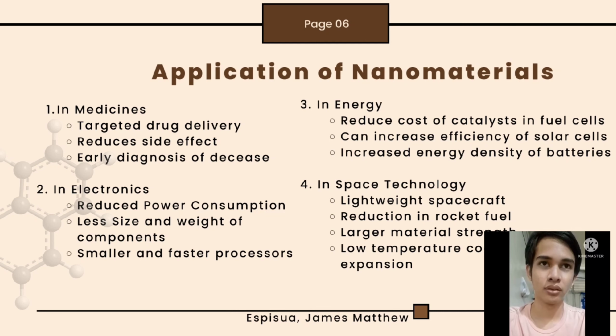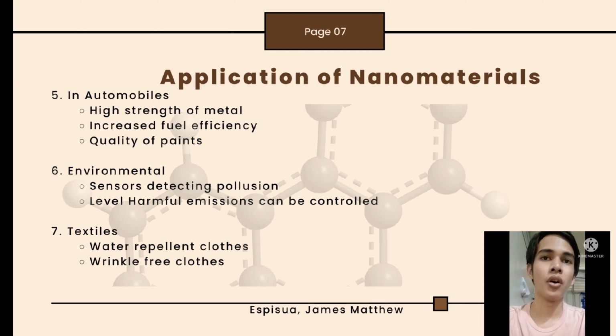In automobiles, nanomaterials are used for high-strength metal. It is made by smashing individual nanocluster metals together to form a macroscale hunk of solid metal. Nanomaterials also increase the fuel efficiency of automobiles with the use of nanoparticles for cleaner combustion.